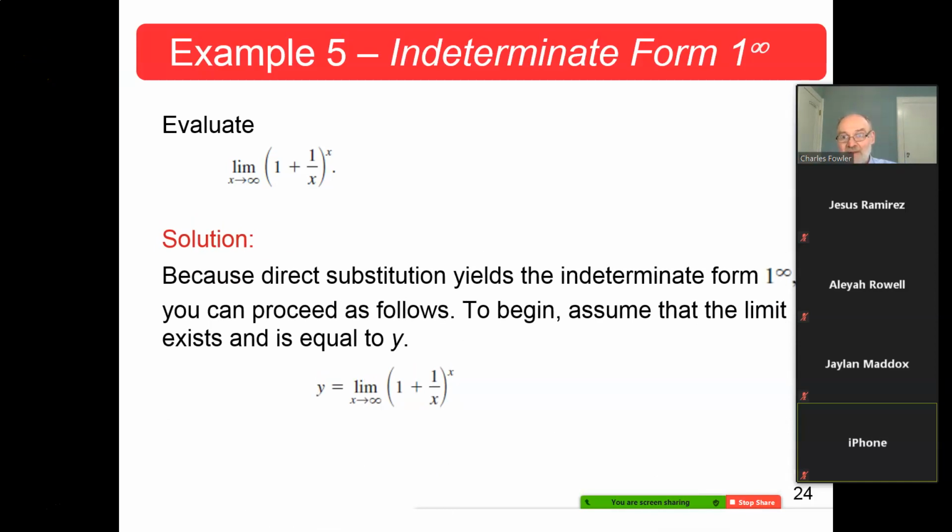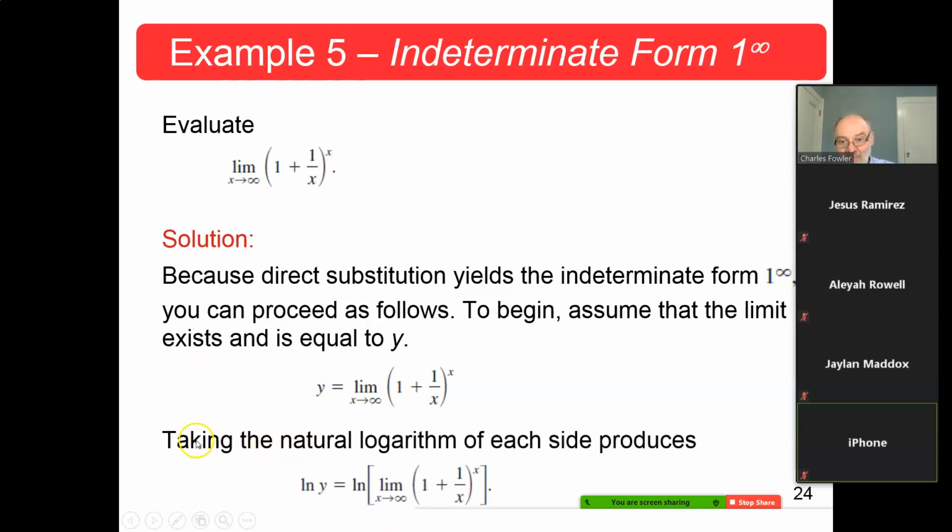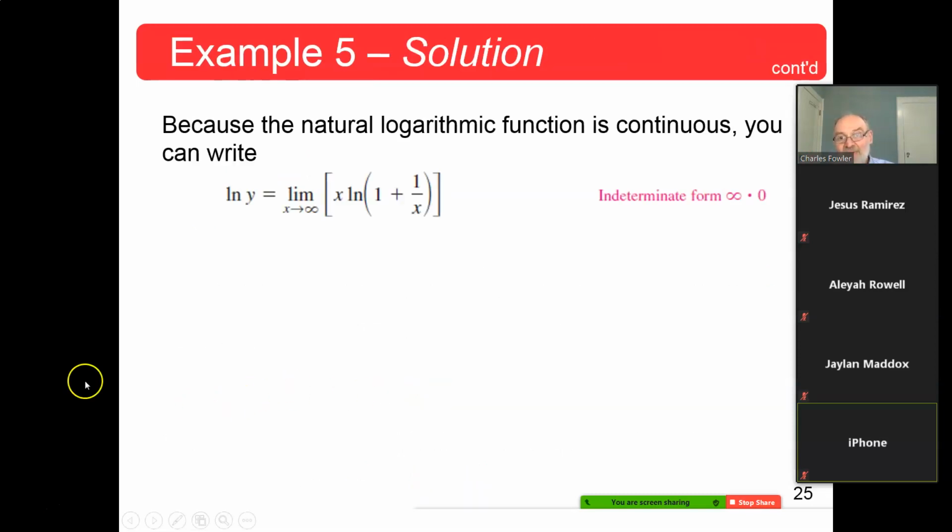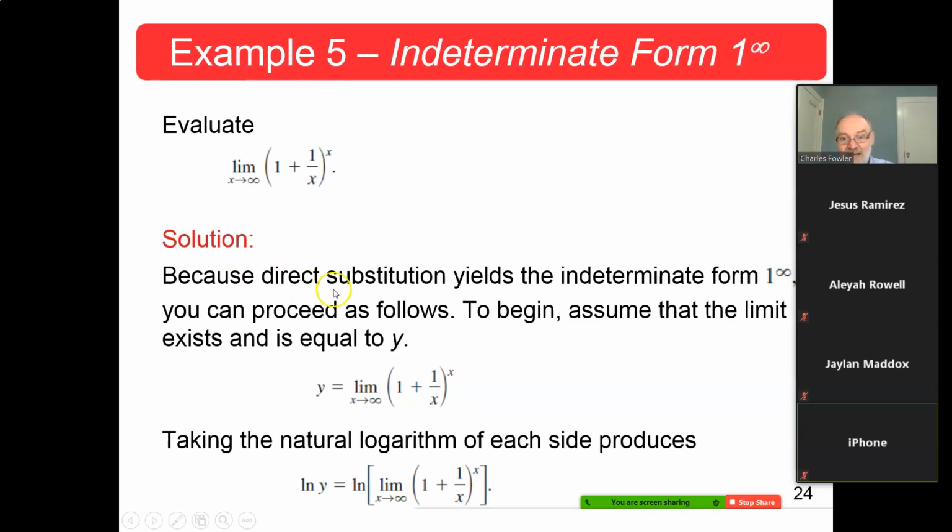We've rewritten this as y is equal to that, which is what we did, and then took a log of that. Log of y is equal to log of this thing. And because that was a continuous function and all that kind of stuff, we can flip the limit and the log. Okay? Now they skipped a step here too. They did the same thing I did.